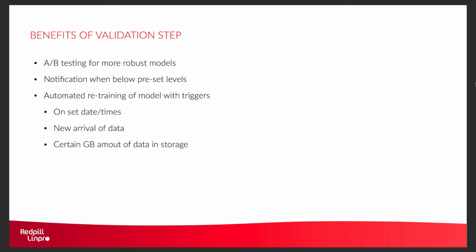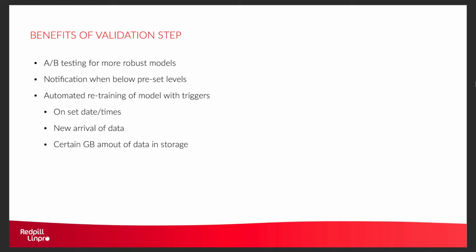Then you can decide that this model performs a lot better, so I will roll it out to the rest, or it performs less well, so you will roll it back and let the other model take over. Another thing is that you will be notified, as I told, when the model drops below preset levels.